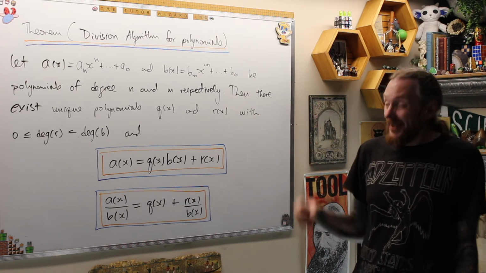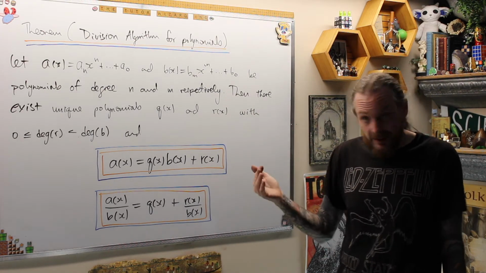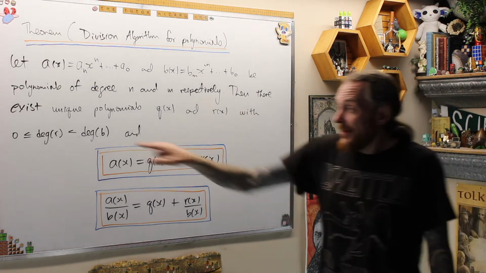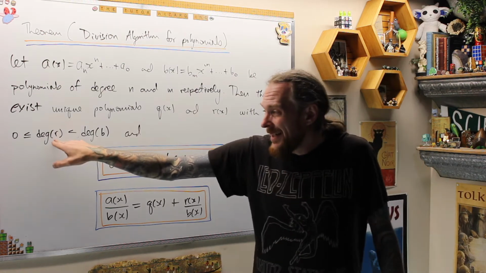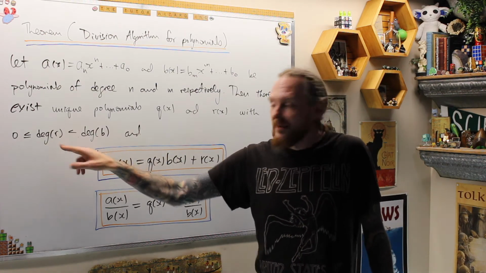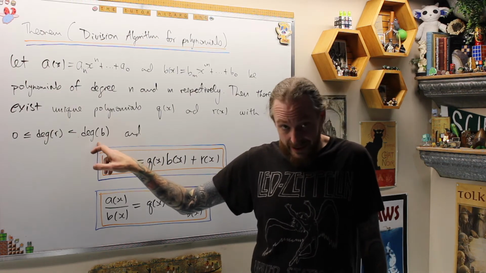If I have that, then we have a completely analogous version of the division algorithm for the integers. For the polynomials, there have to be unique polynomials q of x and r of x with now the degree of r strictly less than the degree of b. Also, this is our notation for degree, so we don't have to write it down every time.